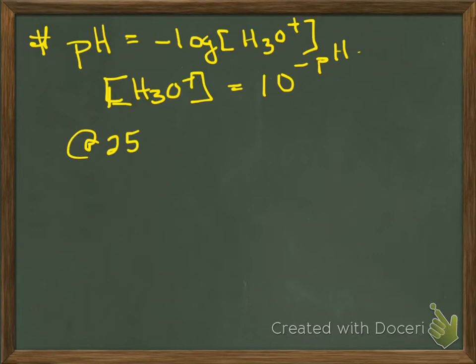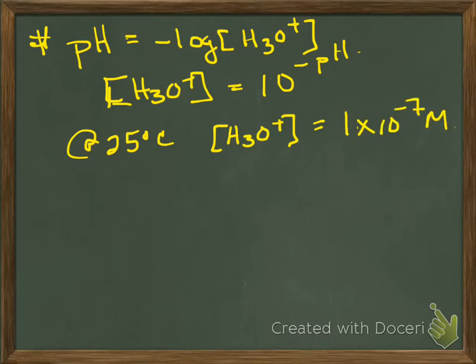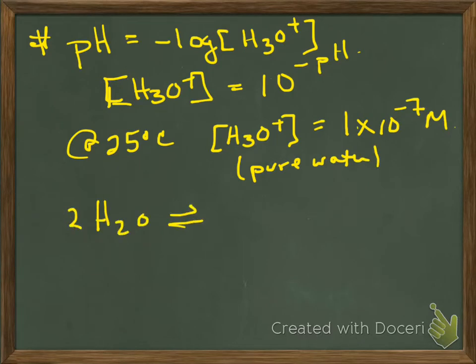At 25 degrees Celsius or 298 Kelvin, the concentration of the hydronium ion in pure water is equal to 1 times 10 to the negative 7 molarity. And that's pure water. Remember that water is going to set up an equilibrium with hydronium ion and hydroxide ion.